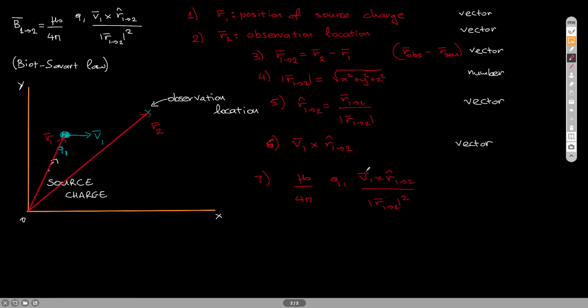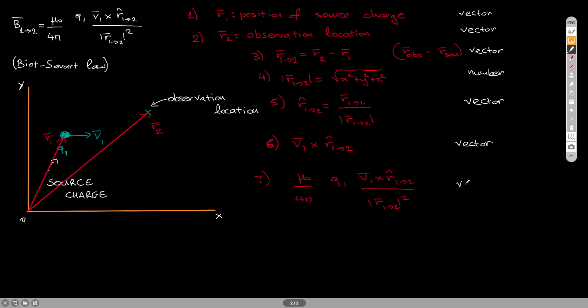Okay, if you take a look here, at this point I have everything. The constant is the constant. The charge, you should know this number. From step 6, you have the numerator. This is a vector. And from step 4, you also have the magnitude of the vector r. So at this point, we have everything, and you can plug in all the numbers and see what you get.